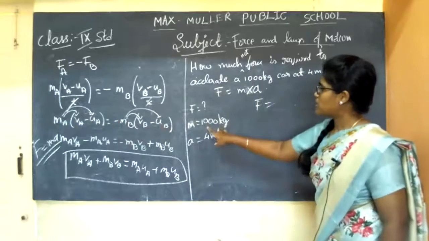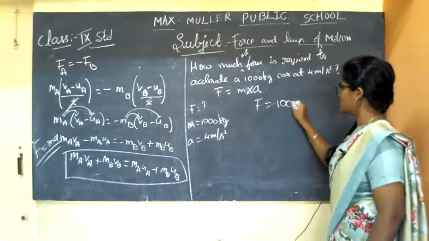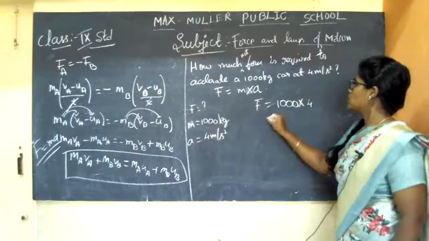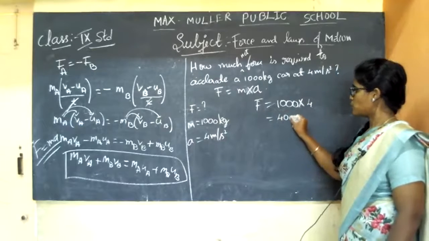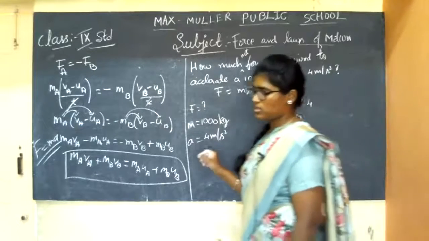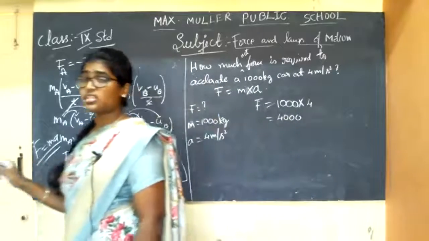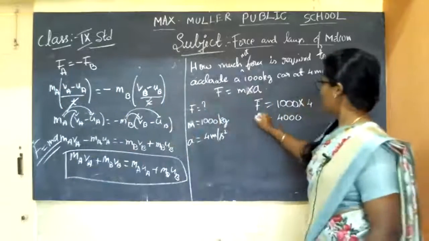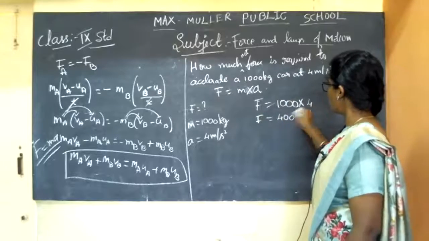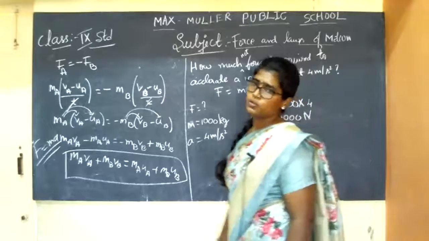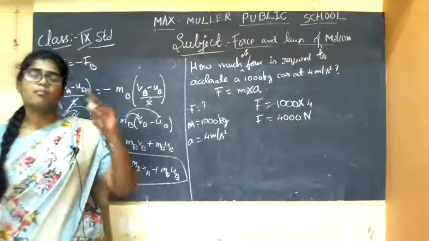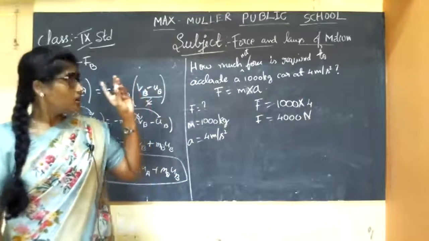F is equal to mass 1000 into acceleration 4, so you will get 4000. The SI unit of force is Newton. F is 4000 Newton. Understood, children? This is the basic problem you have in your syllabus.